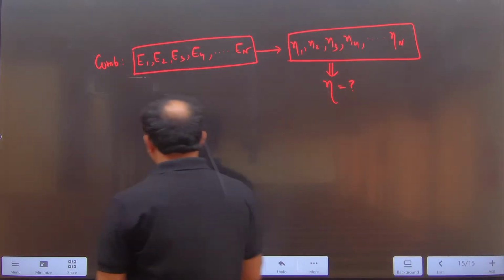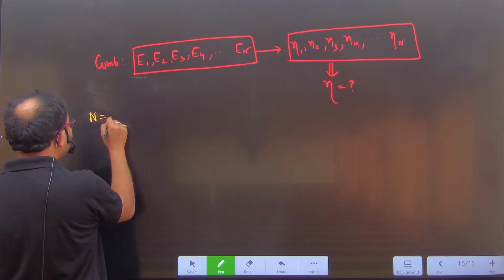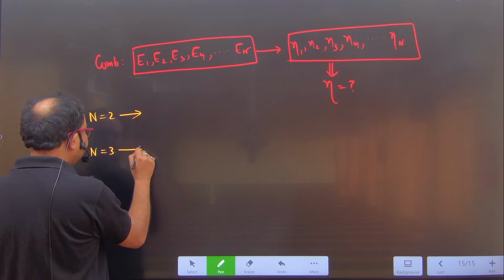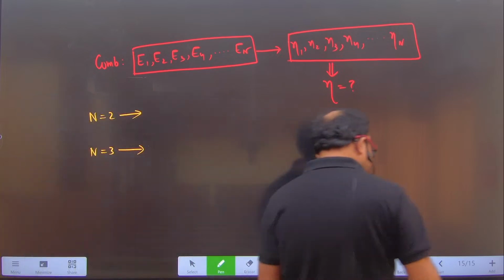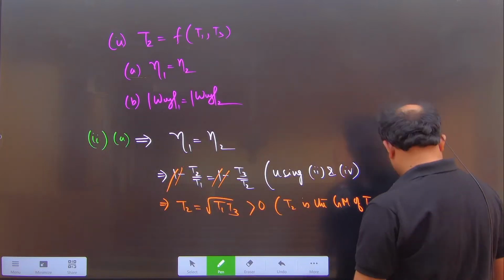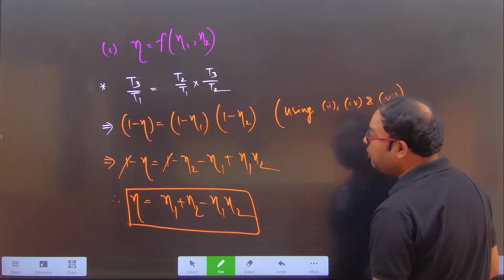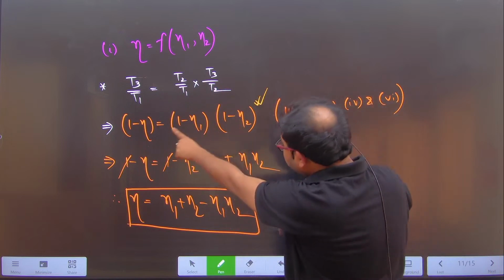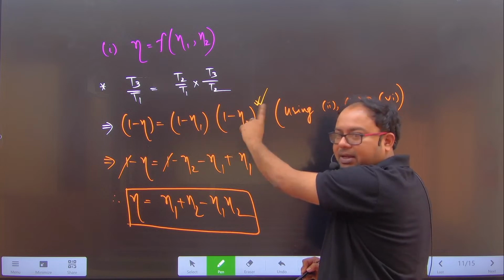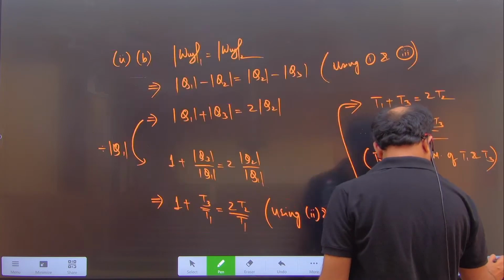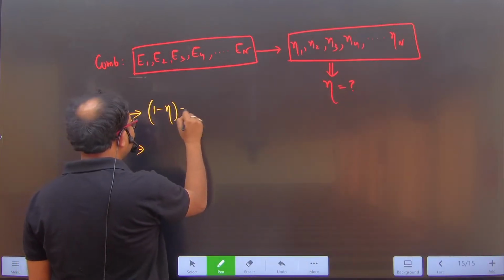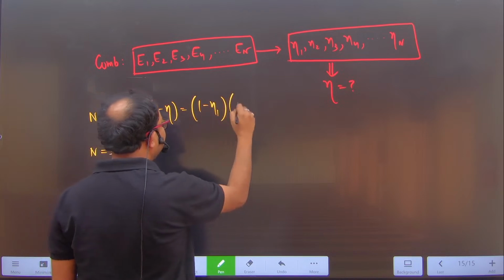See, when n is equal to 2 and when n is equal to 3, you have already got the expressions. For n equal to 2, please focus on this expression, 1 minus eta equal to 1 minus eta 1 multiplied by 1 minus eta 2.